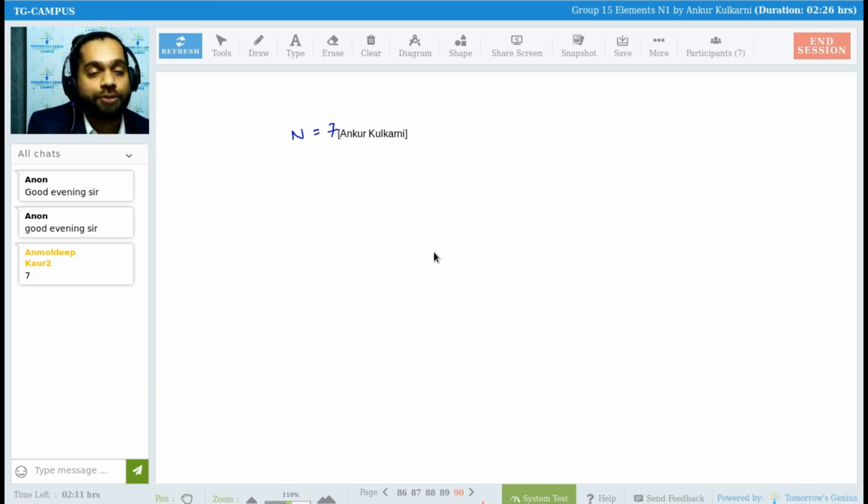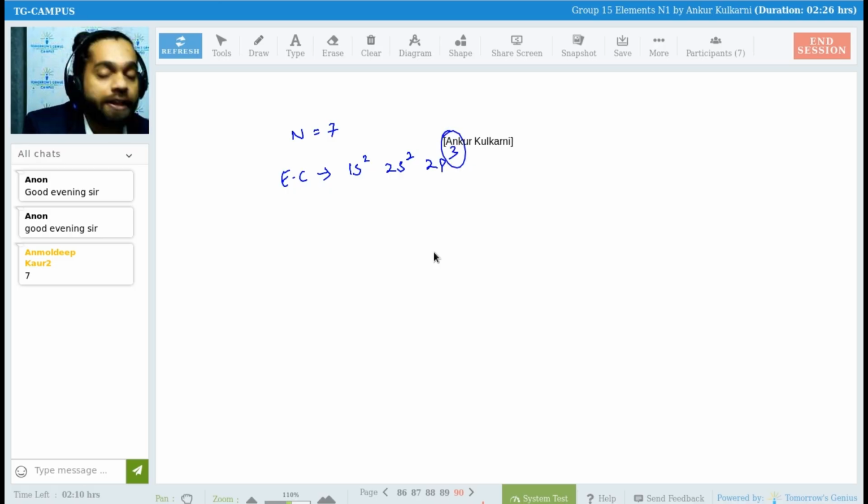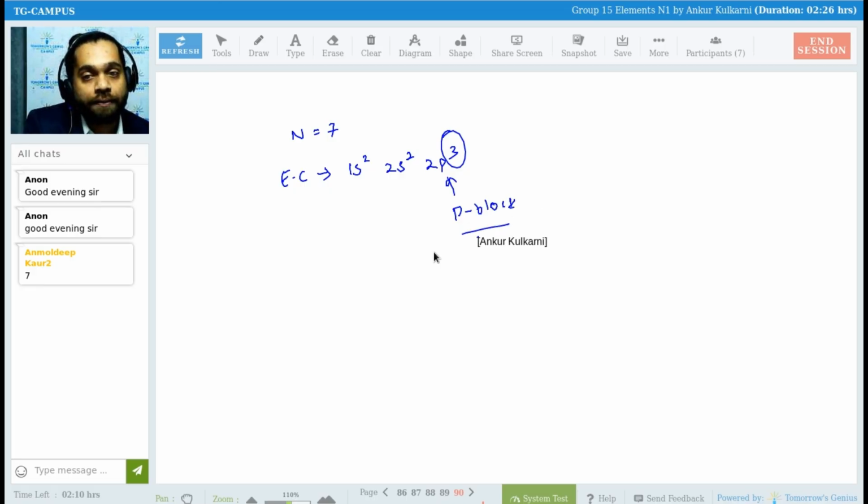So if I write down the electronic configuration, it is 1s2, 2s2, 2p3. So the last electron is entering the p subshell, and that is why they are present in the p block. Is it clear, everyone?